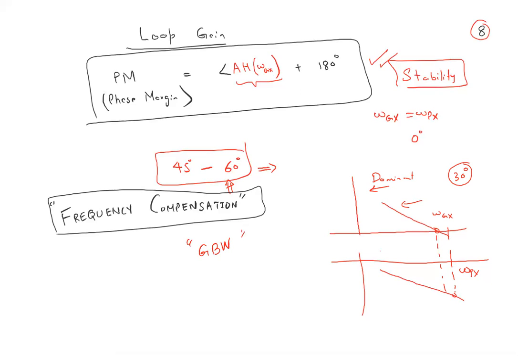So if I have my system unstable and somebody says you need to make your system stable, this means you have to compromise your bandwidth somehow. ठीक है, आपको कोई ना कोई चीज compromise करनी पड़ेगी to make your system stable. So we will compromise the bandwidth and shift our dominant pole on the left hand side earlier, so that my system can become stable. So that technique is known as frequency compensation.